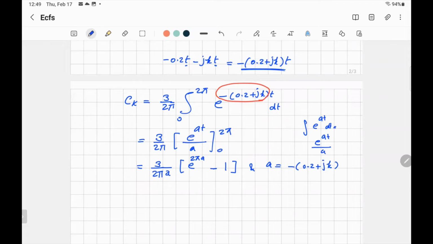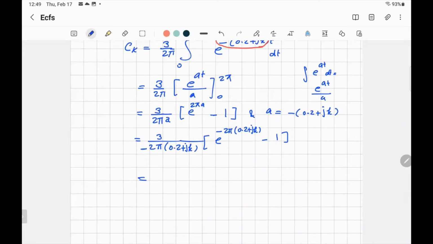So I will substitute: 3 over 2 pi, a is negative, take the negative out, 0.2 plus jk, e to the power 2 pi a minus 1. Okay.